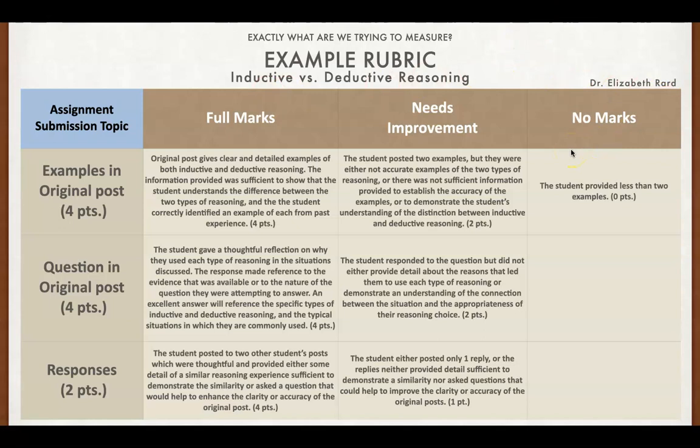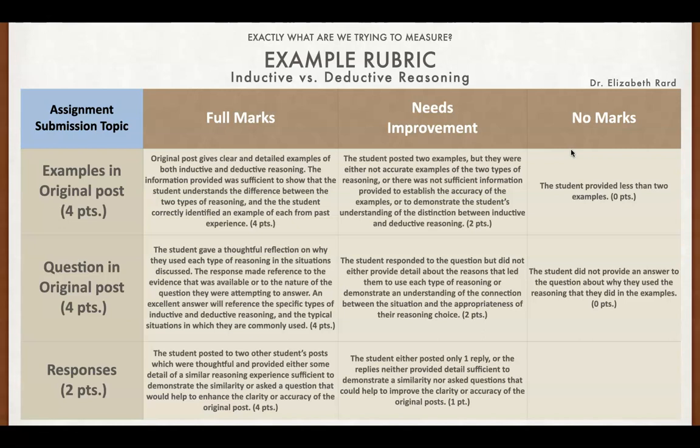The student provided less than 2 examples when it was very specific in the question that they needed 2 examples. The student did not provide an answer to the question about why they used the reasoning that they did. Okay, sorry, I'm going to go back a step. The student provided less than 2 examples. Notice in the needs improvement category for that first criteria, it still says the student posted 2 examples.